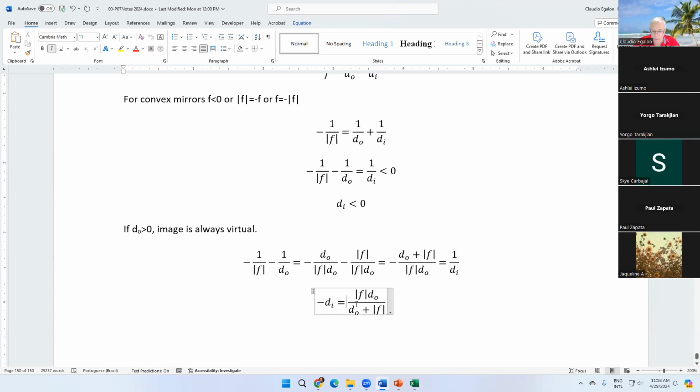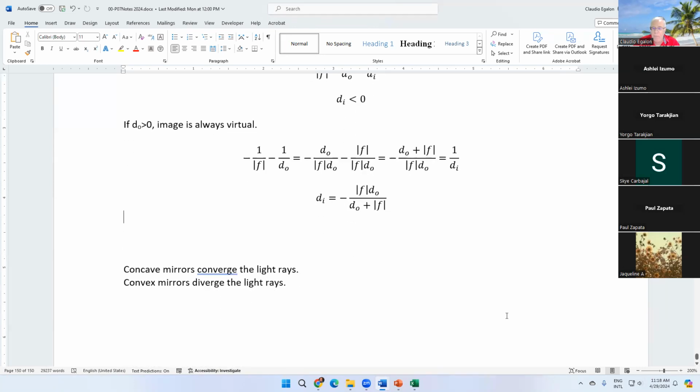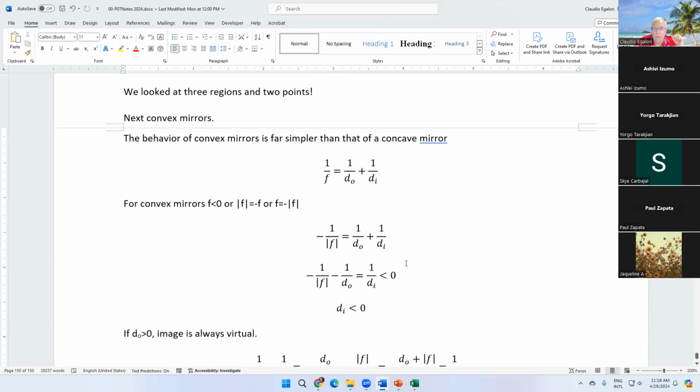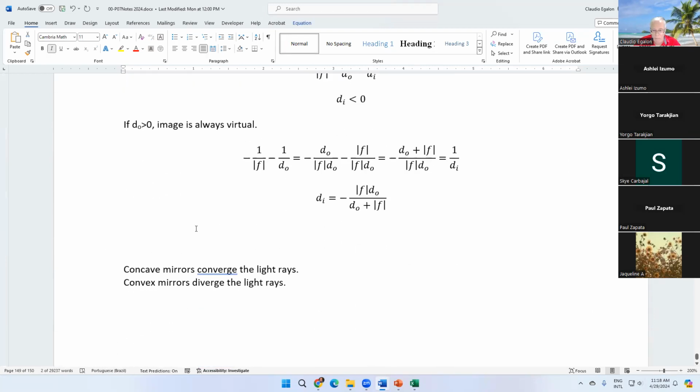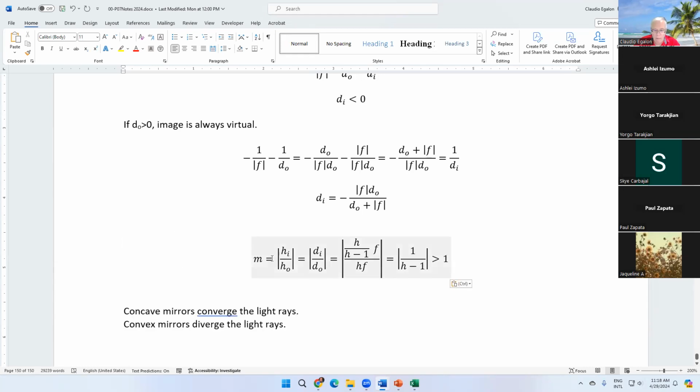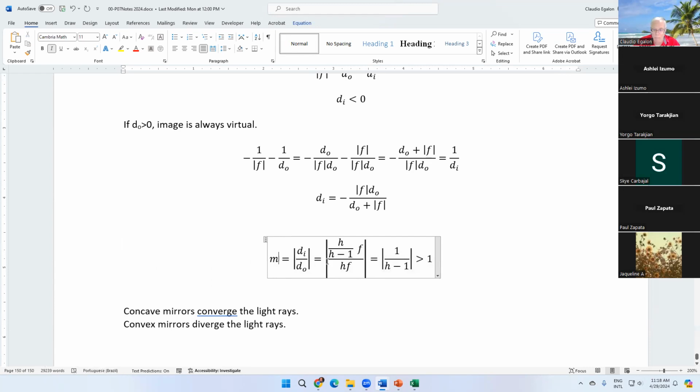We have this negative sign passed to the other side. So it's always going to be negative, right? And now let's look at the magnification. Here's the magnification: di over d naught.